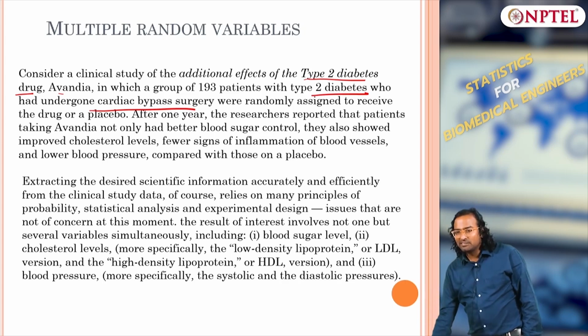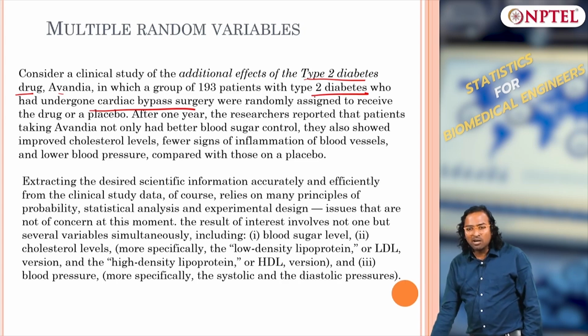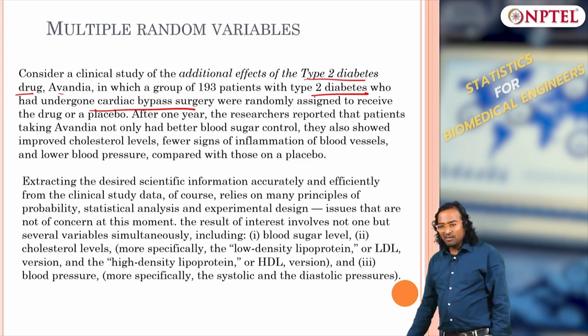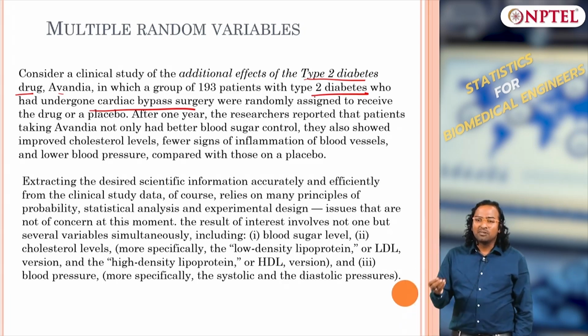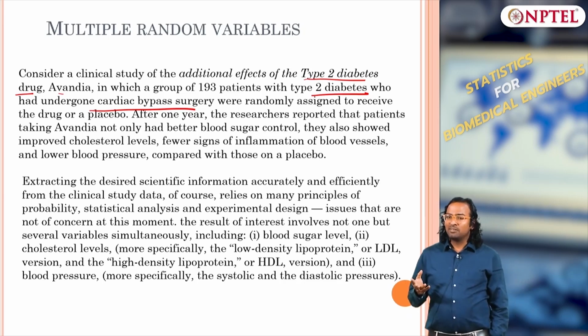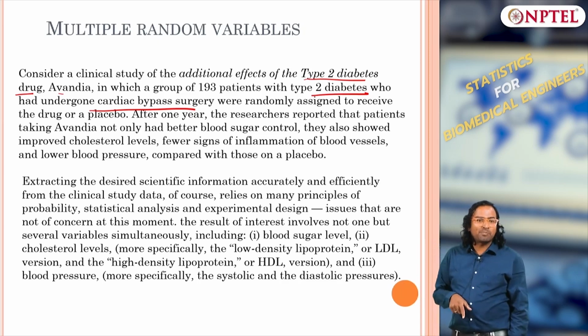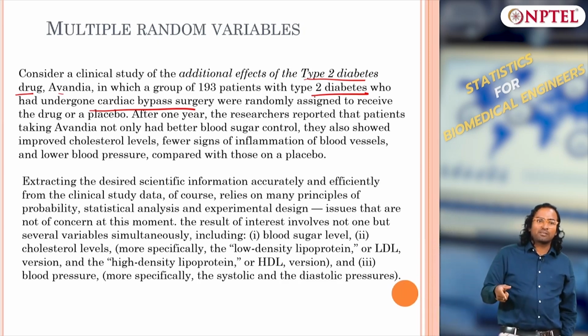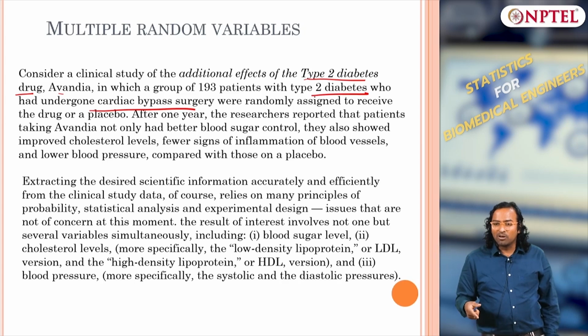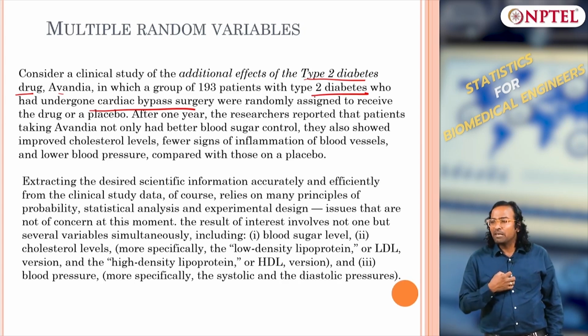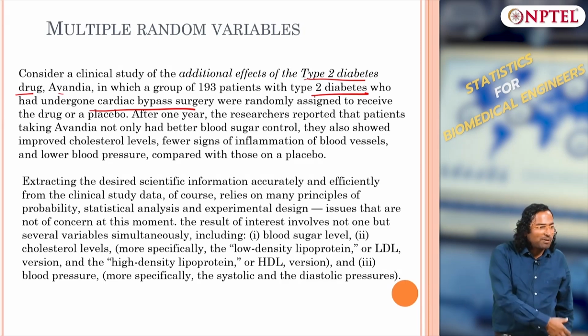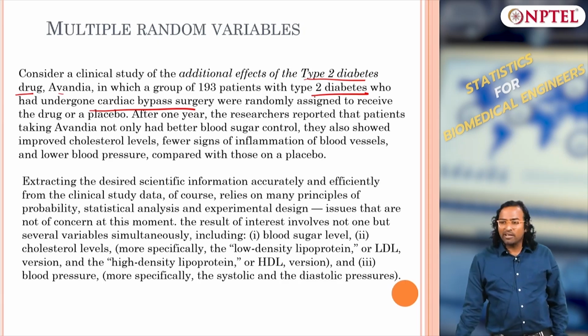So especially your legs, the small veins and small blood vessels in the legs will not get enough blood supply. Now in order to get that blood supply, the heart has to pump more so that the blood reaches every part of the body.